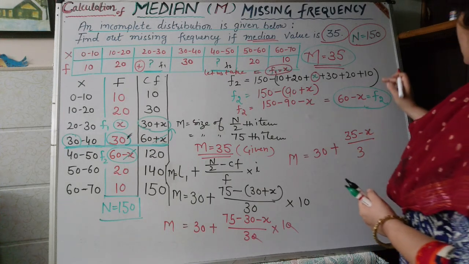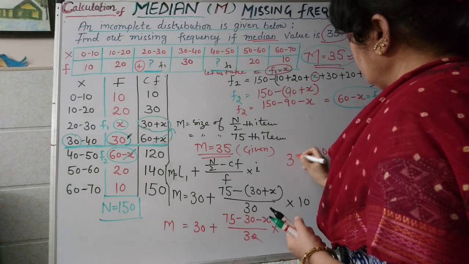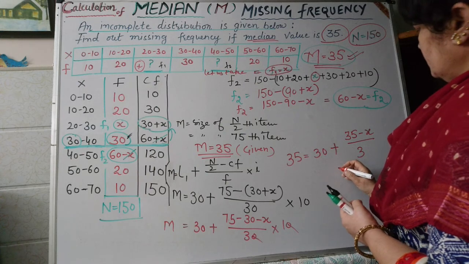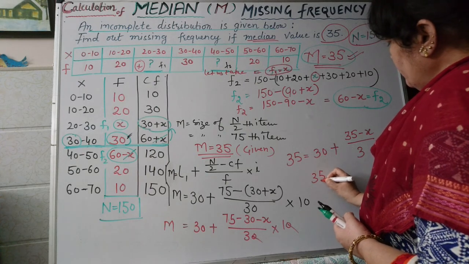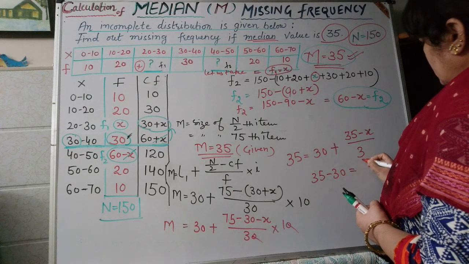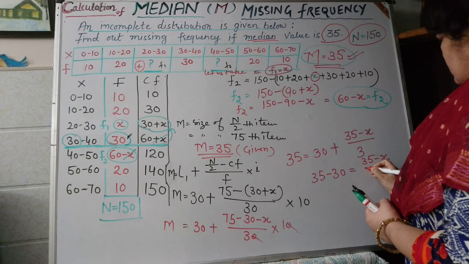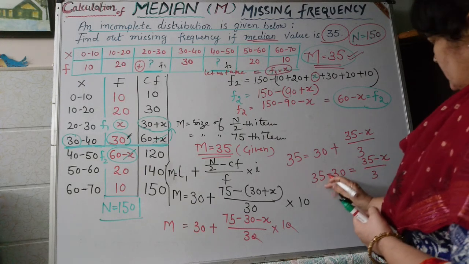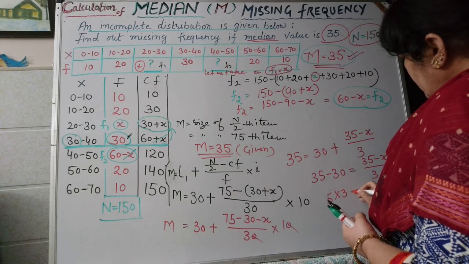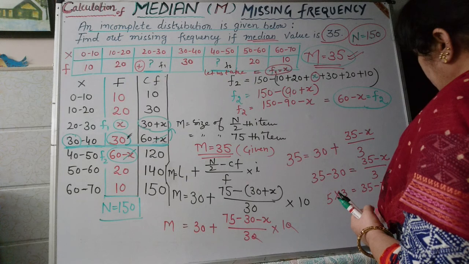So I am putting the value of median, which is 35, here. So 35 minus 30 is equal to 45 minus x divided by 3. So this will be 5. 5 multiplied by 3 is equal to 45 minus x.